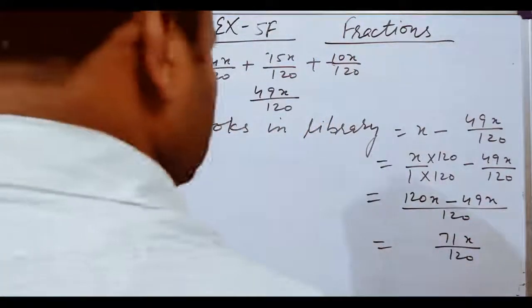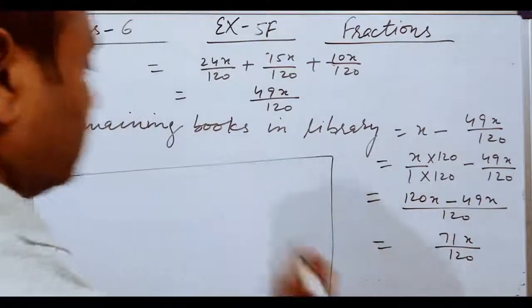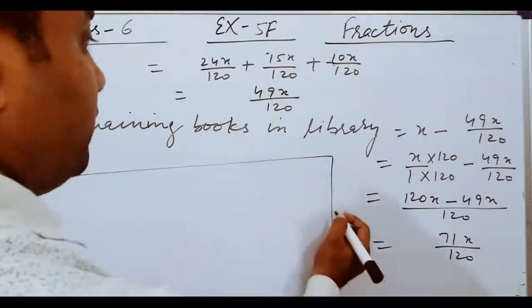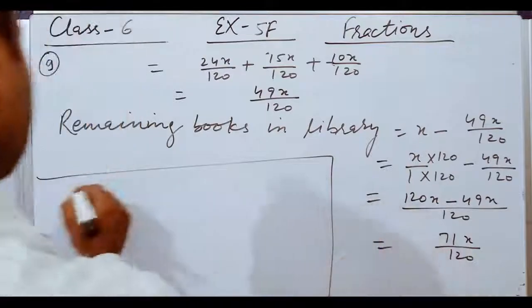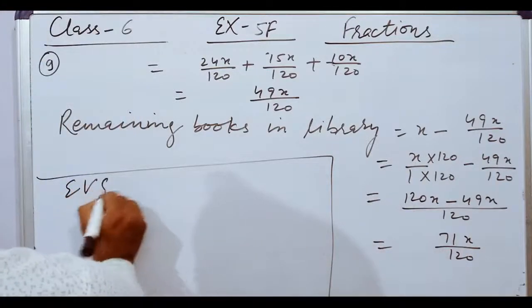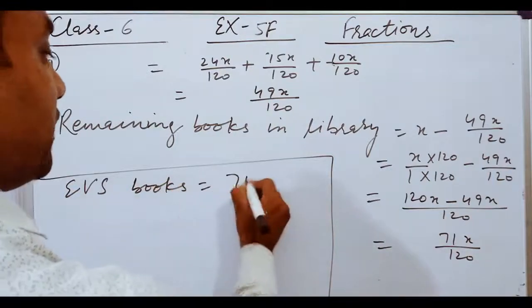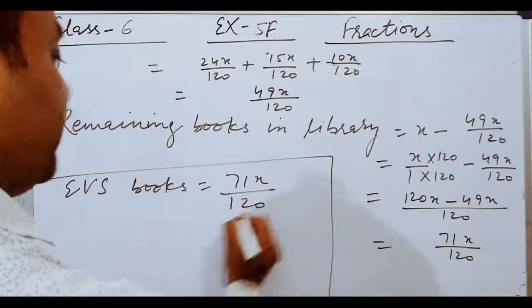Now given EVS books, these are EVS books. Remaining books in library, these are EVS books. Means EVS books in library equal to 71x upon 120.